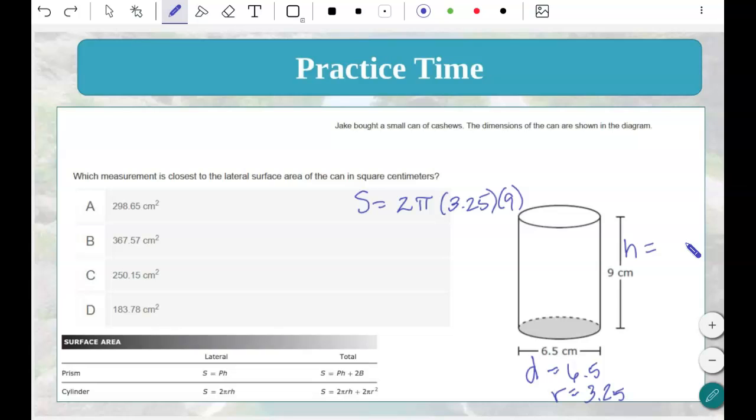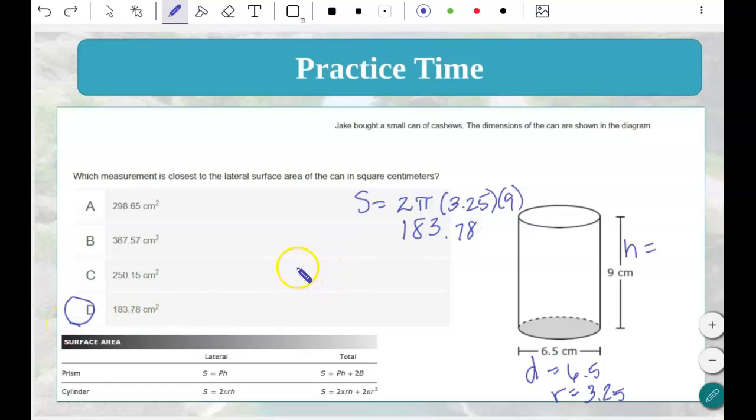So you have to do second and then caret and then times 3.25 and then times 9. And it comes out to 183.78 and so on.